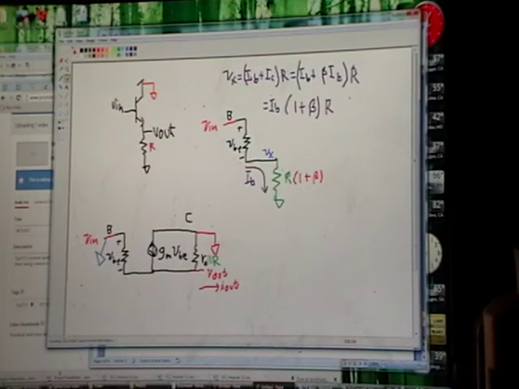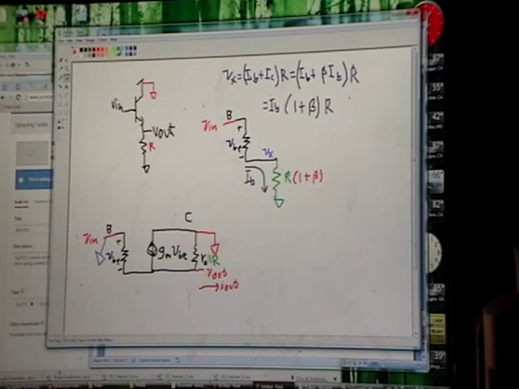So Rin, just seeing two resistors in series, is R pi plus R times (1 plus beta).